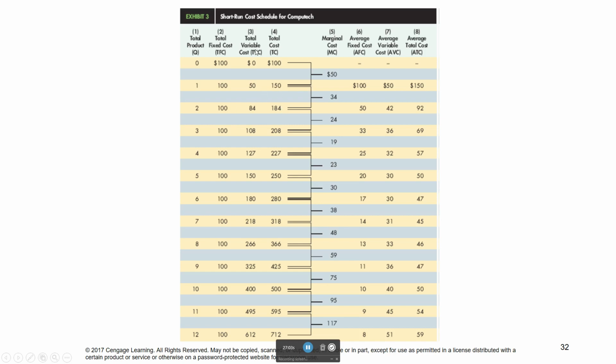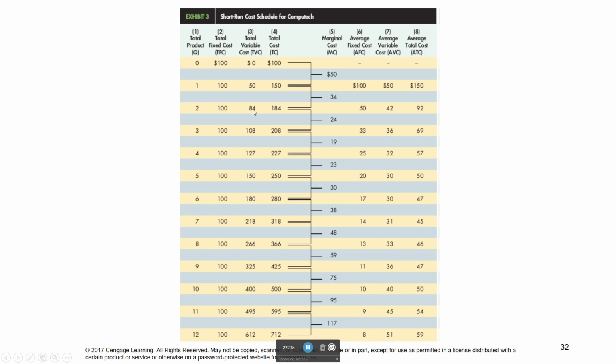Now, when I increase the number of pizzas I produce, my fixed costs stay the same. It's still at 100. But now I'm dividing that up amongst 2 pizzas instead of 1. So here, my average fixed cost is 100 divided by 2 pizzas, $50 per pizza.